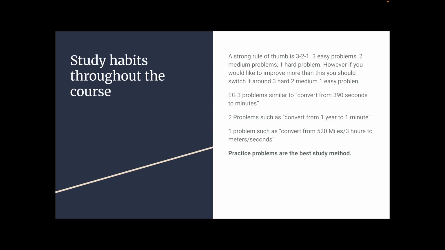And lastly, 1 problem such as convert from 520 miles over 3 hours to meters over seconds. That's the really difficult problem, which requires more conversion factors, but also for you to convert 2 things in the equation.